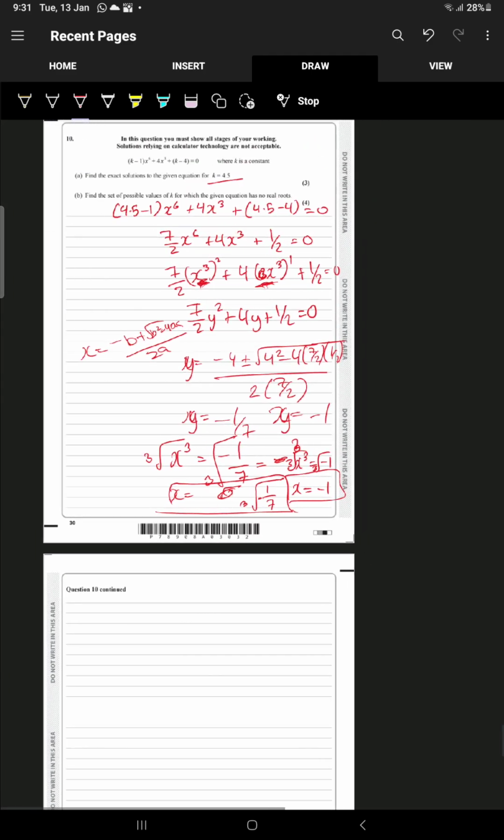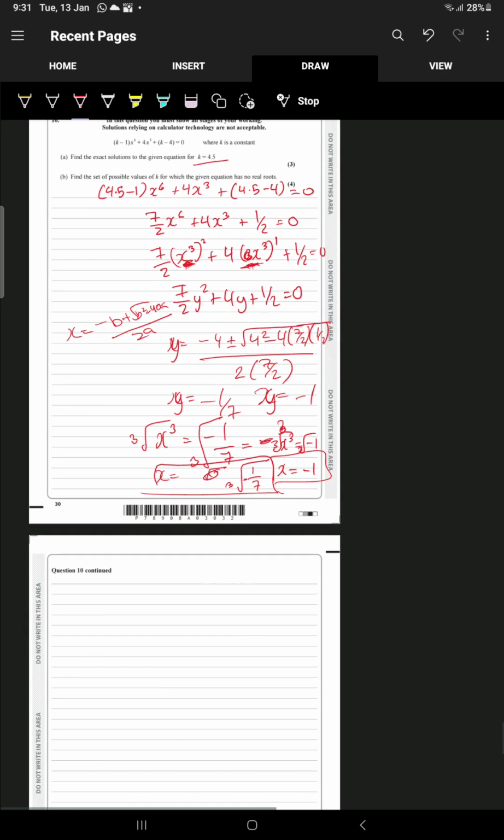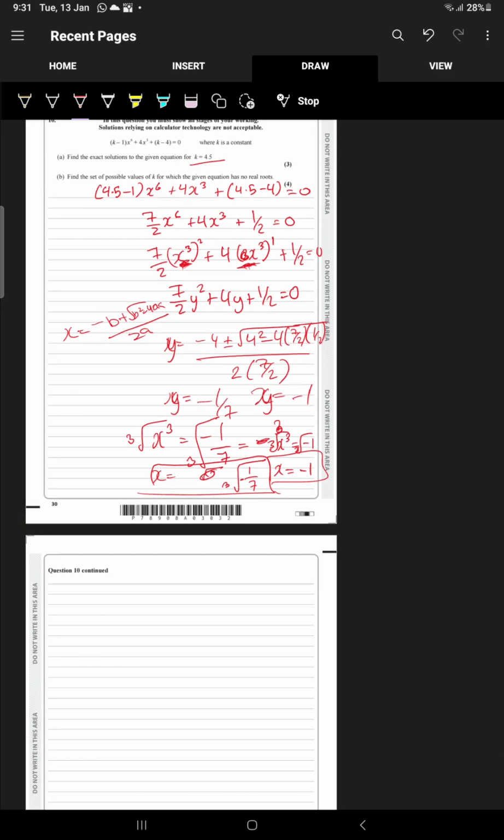So we have to find the possible values of k for which the equation (k minus 1)x to the power of 6 plus 4x to the power of 3 plus k minus 4 is equal to 0 has no real roots.